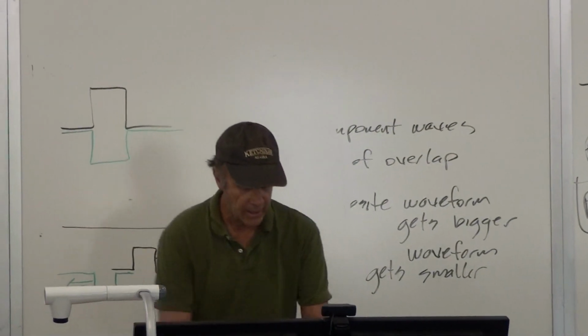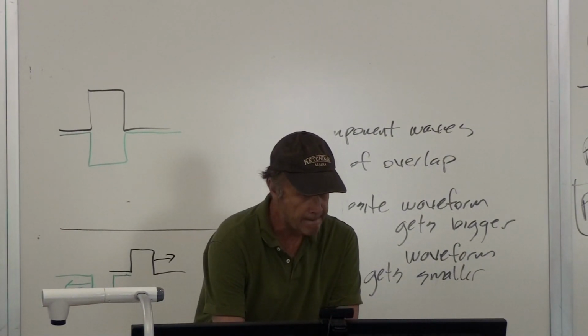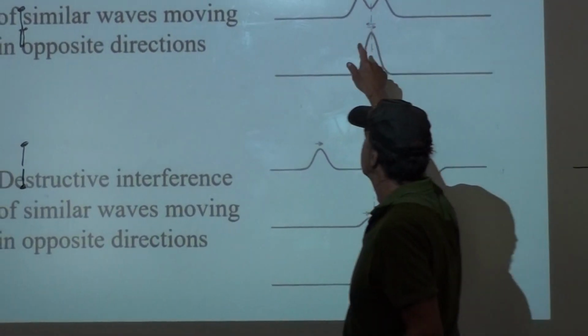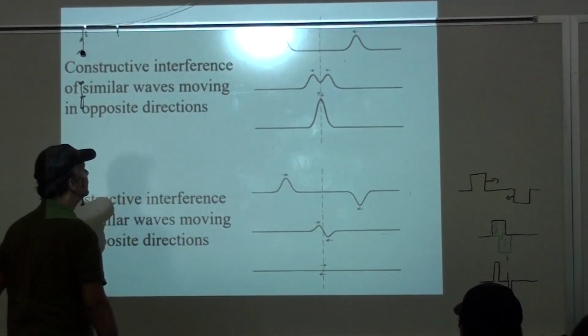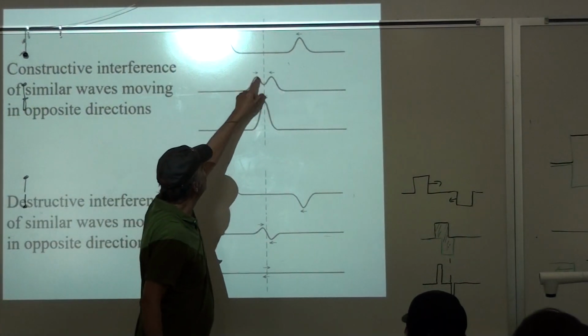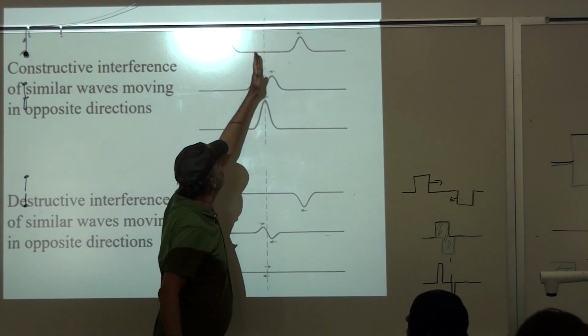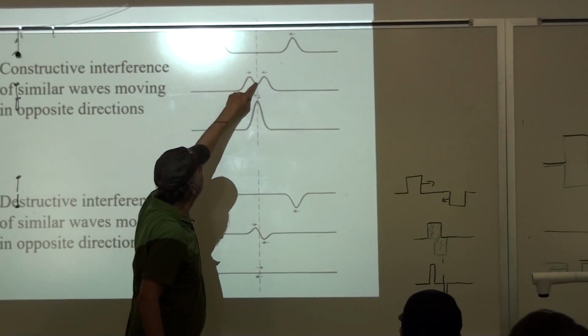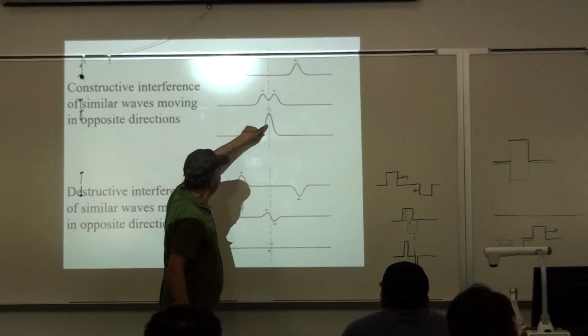Okay, so here's an example then of the constructive interference of similar waves moving in opposite directions. We can see that when these two waveforms here they're close to each other, but not completely overlapping. And then here they're completely overlapping.